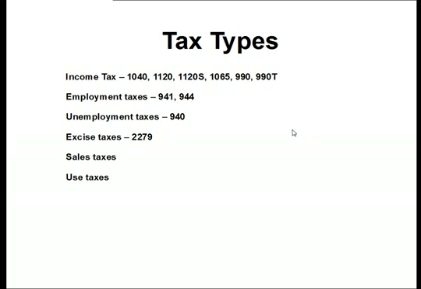There's other types of taxes that are filed on different forms, and this is actually a typo. This should be a Form 2290. The most common excise tax return that we deal with is the heavy vehicle highway use tax, and this is basically an excise tax for having large trucks on the road.